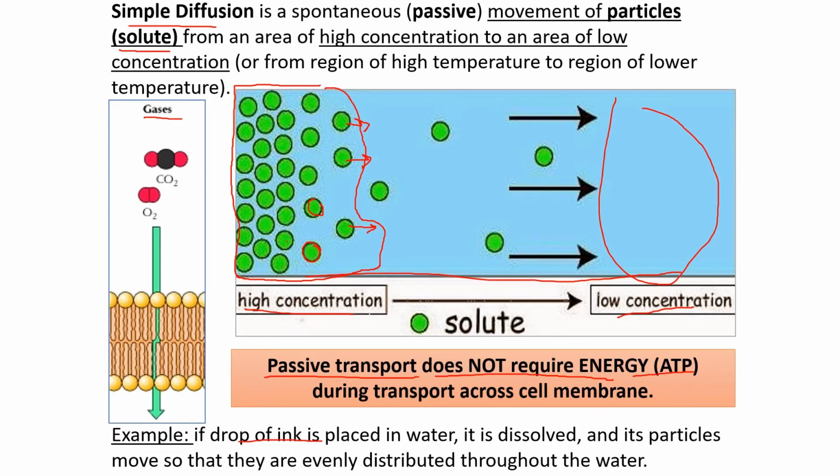This is the membrane. If we have on this side a high concentration of oxygen compared to this side, inside of the cell, a low concentration of oxygen, then oxygen molecules will diffuse through this phospholipid bilayer, or membrane, inside. Same with carbon dioxide. It will move from the high concentration to the low concentration.